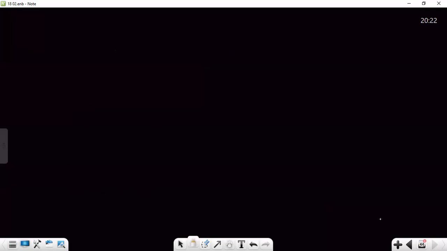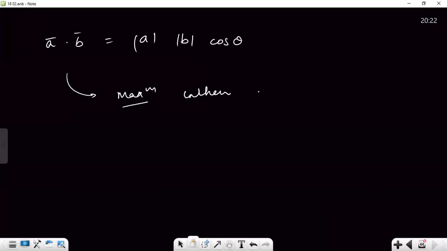Next property. Whenever we are talking about the dot product, we know the formula is this. It will be maximum when cos theta is maximum, and that is when theta is 0, when the vectors are parallel.